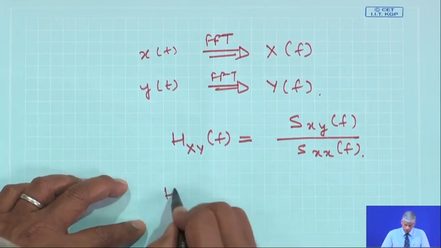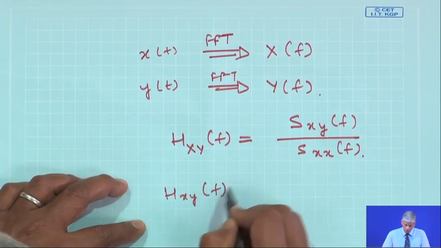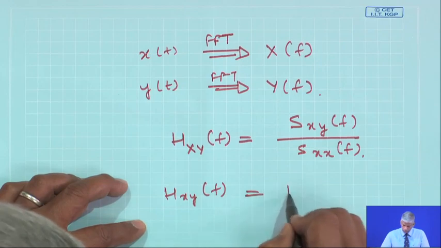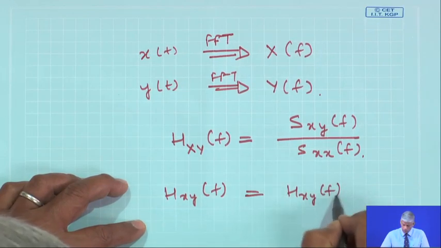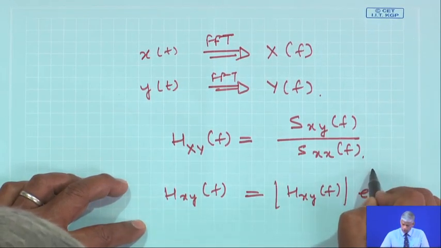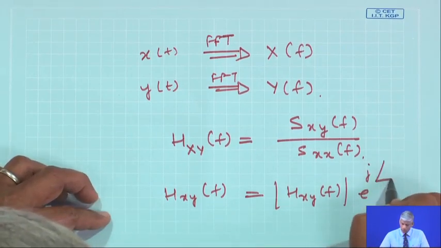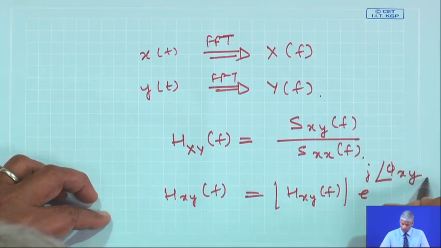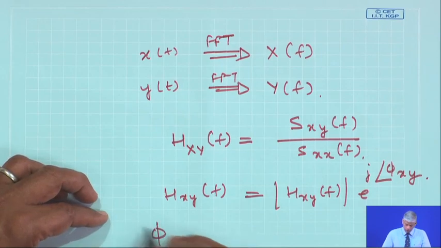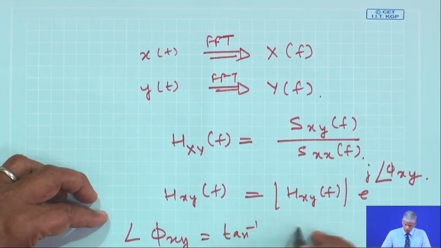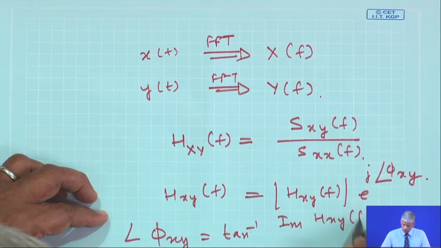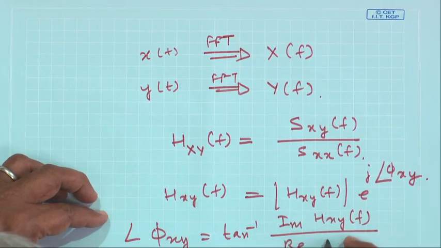And this transfer function will have a magnitude and the phase part phi_xy. So, phi_xy is nothing but tan inverse of the imaginary part of H_xy(f) by the real part of H_xy(f). These are all functions of frequency.